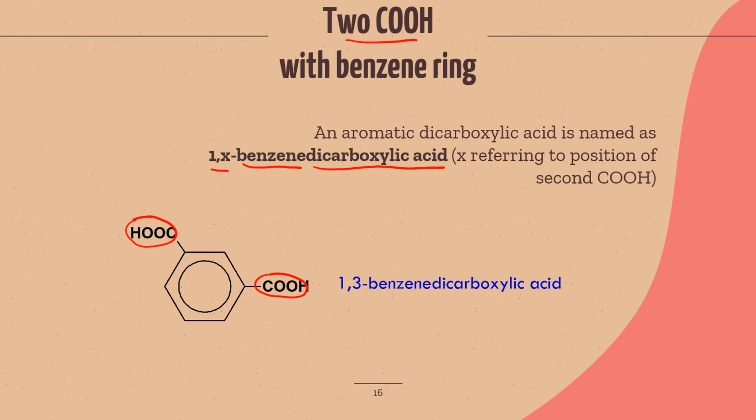Okay, so definitely for the numbering, this carbon will be carbon number 1. Okay, and proceed ke kiri to complete the numbering. So, karbon yang pertama ini merujuk kepada this position. Okay, dan X merujuk kepada position carboxyl pada carbon yang seterusnya iaitu third position. So, the name of this compound will become 1,3-benzene dicarboxylic acid.